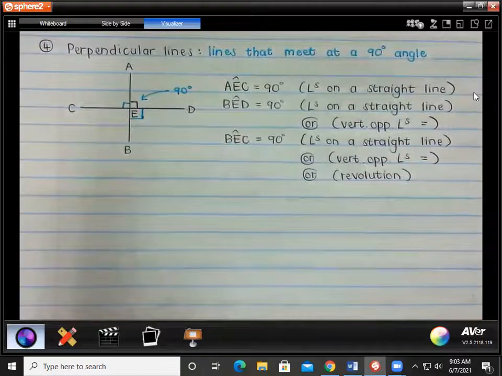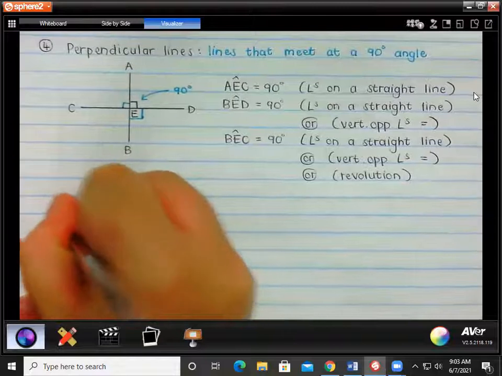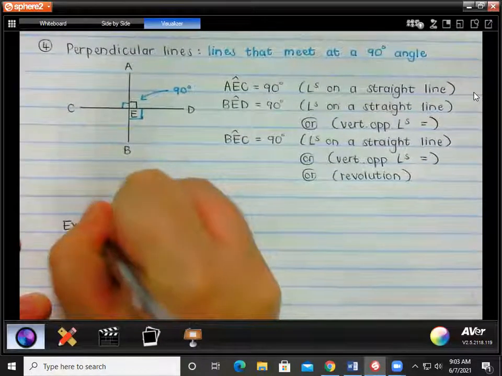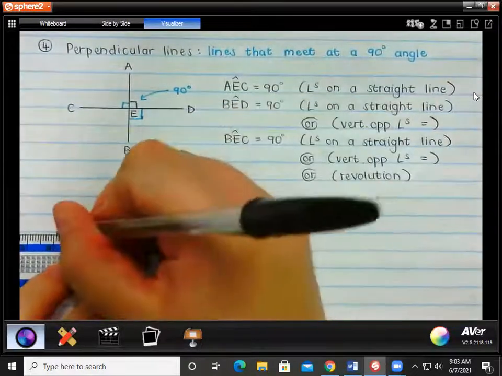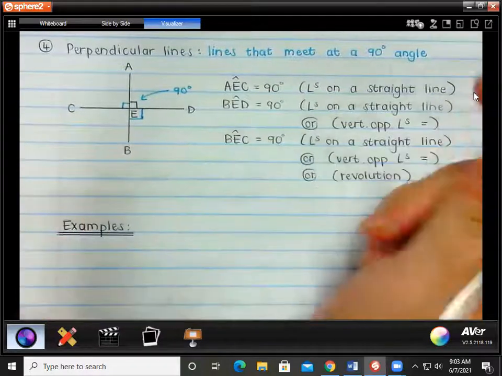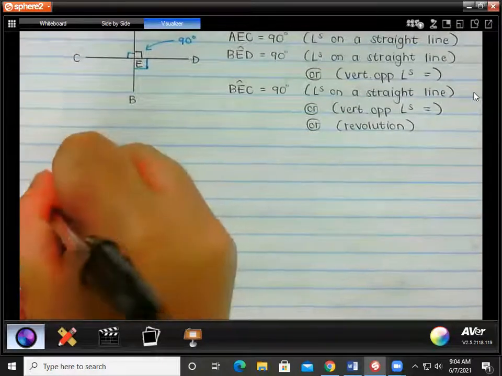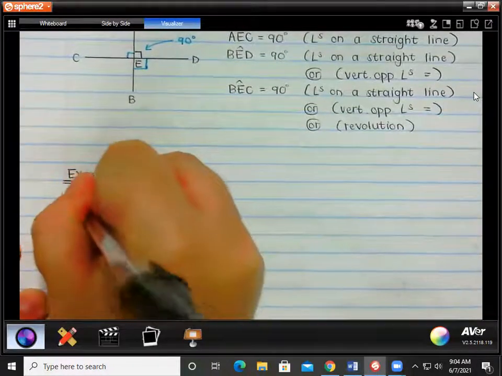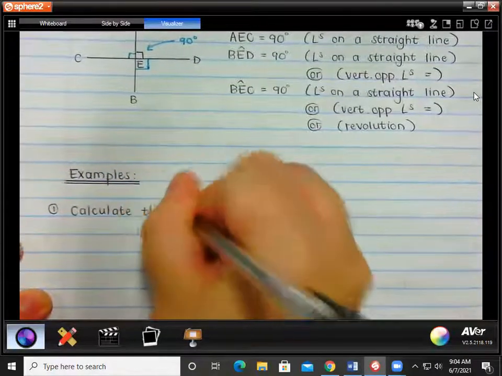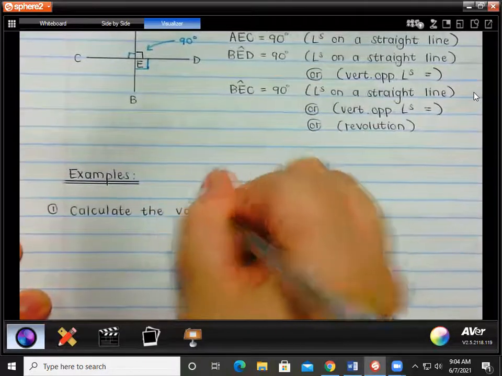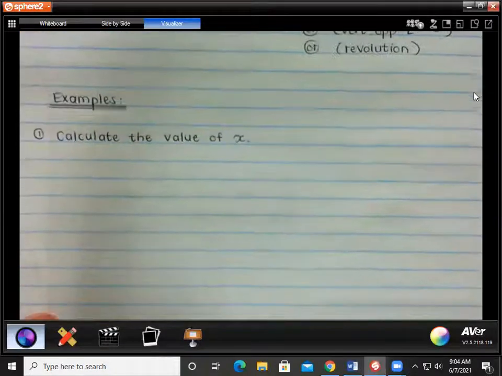Okay, guys, let's do some actual, this was kind of an example, but let's do some more. So let's write examples. Okay, so calculate the value of x.